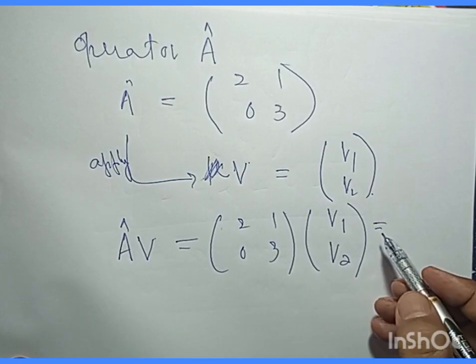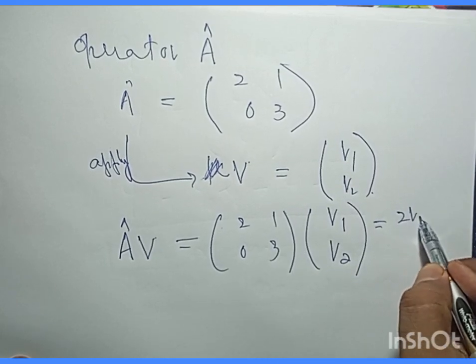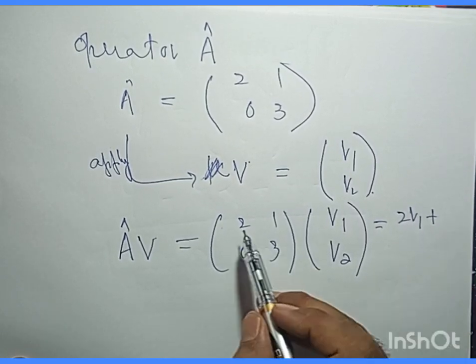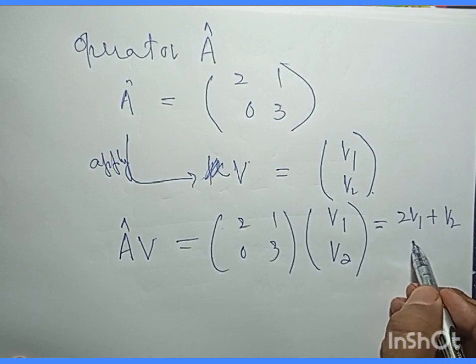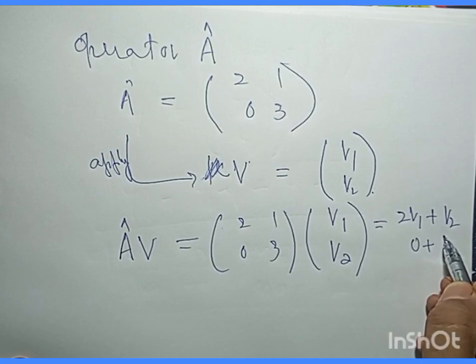So we can multiply them. What we get is 2V1 plus V2 in the first row, and 0 plus 3 times V2 in the second row.